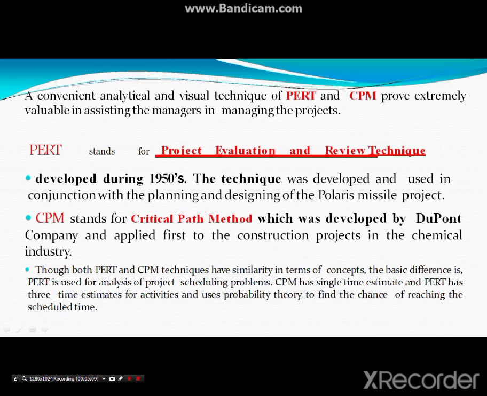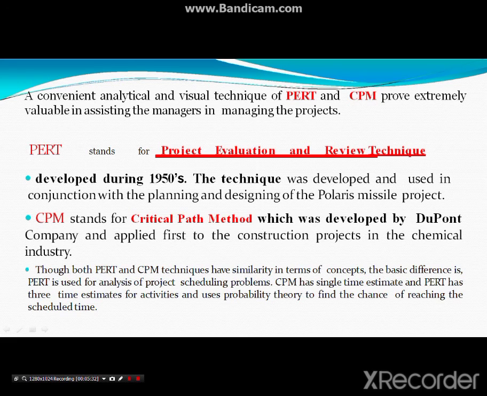project in the chemical industry. Though both PERT and CPM techniques are similar in concept, the basic difference is that PERT is used for analysis of project scheduling problems, whereas CPM has a single time estimate, and PERT has three time estimates.